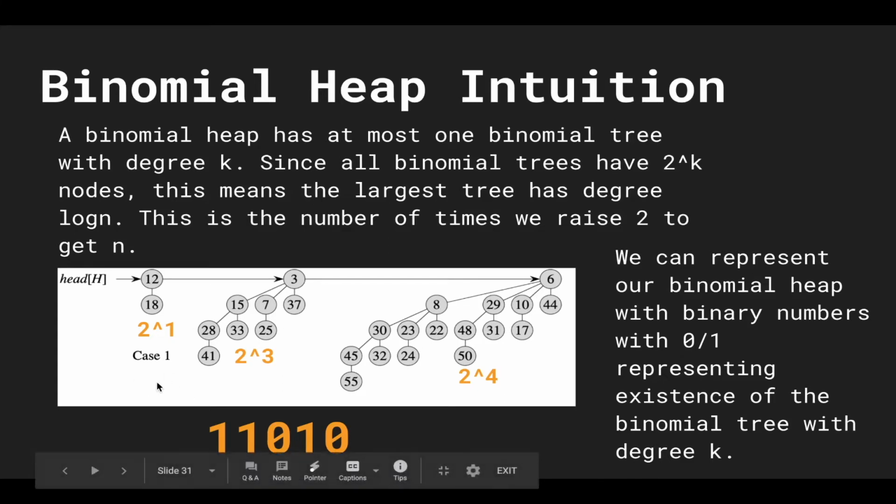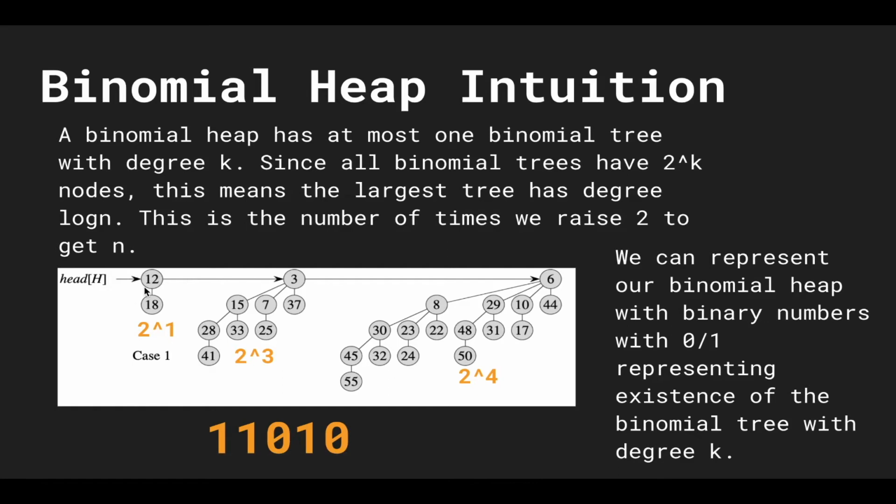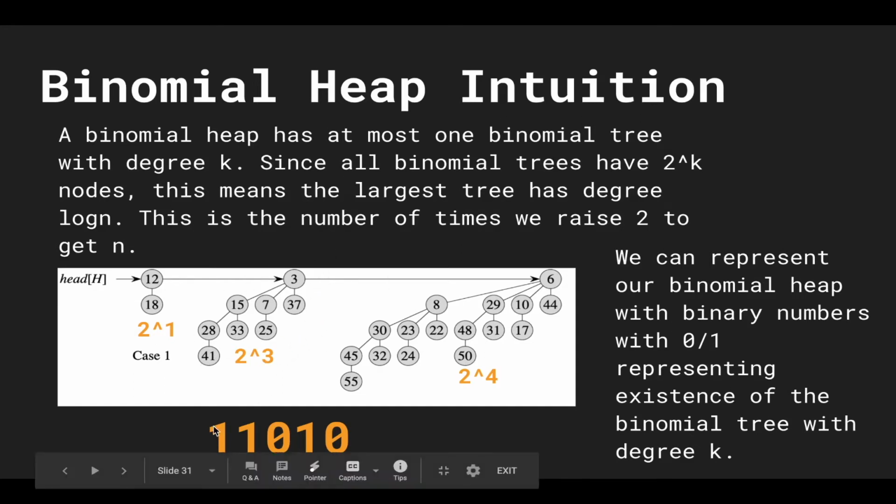The property that these trees have 2 to the k nodes, combined with us limiting the number of binomial trees to at most 1 for any degree k, means that we're just counting in binary. Here's the binary representation of the number of nodes in this entire heap. And you'll notice that we have 0 here because there's no binomial trees of degree 0. We have 1 because there's 1 of degree 1.